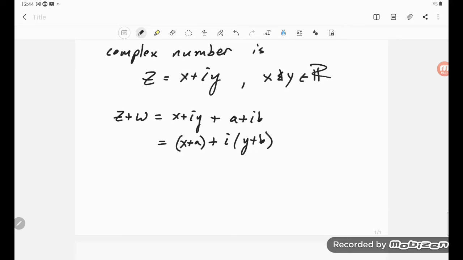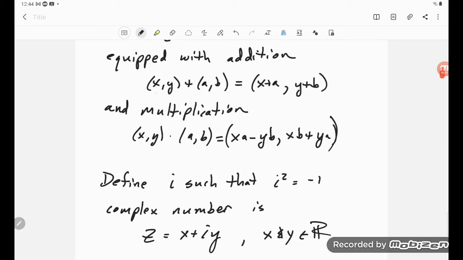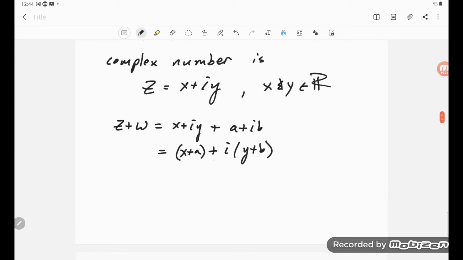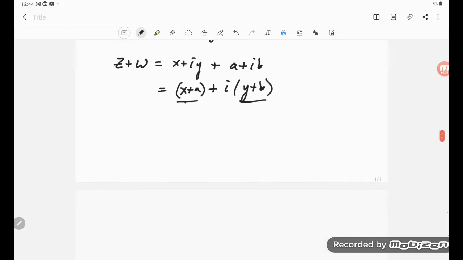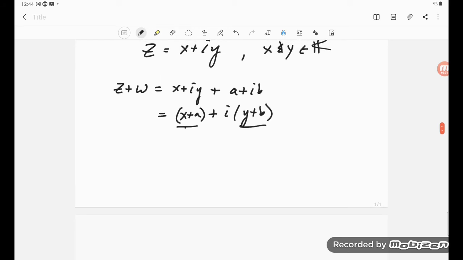But again, you see, that's just the addition we had back here, an x plus a and a y plus b. So the addition this way is the same.